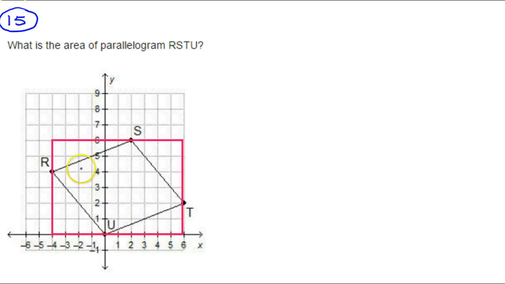Okay, so the area of the parallelogram is what I would get if I took the area of the rectangle and I subtracted the 4 triangles around the outside. I didn't even come close to spelling rectangle right. Let me try that again.